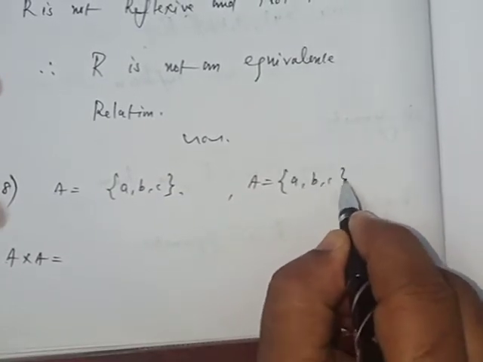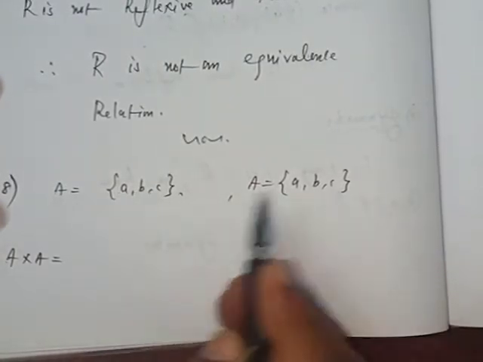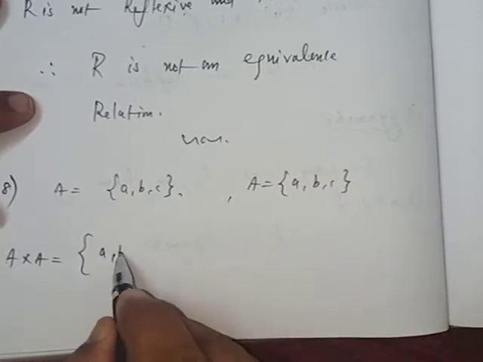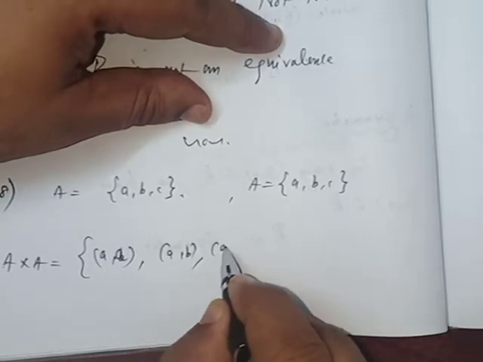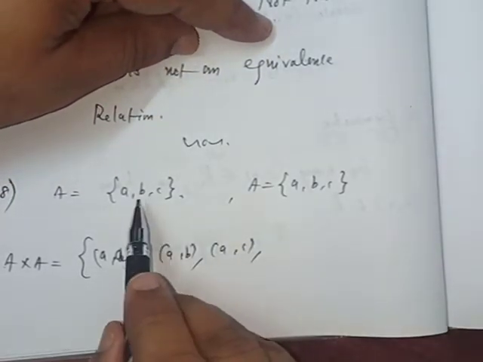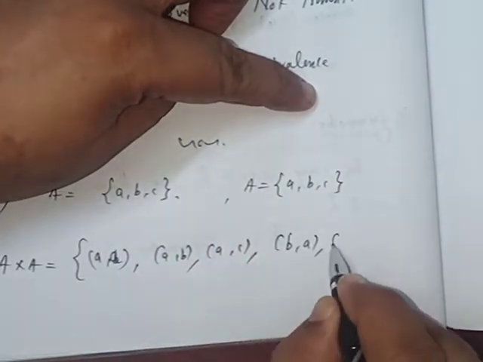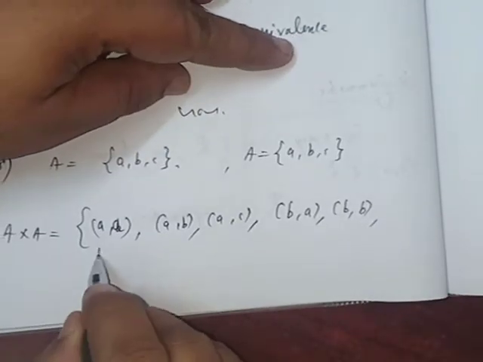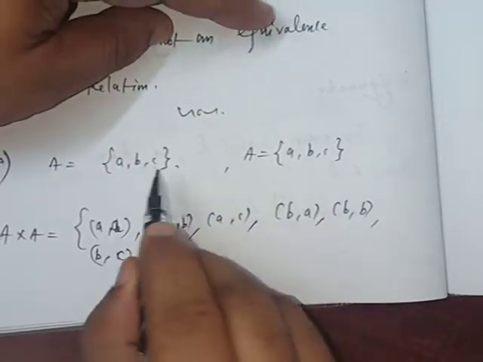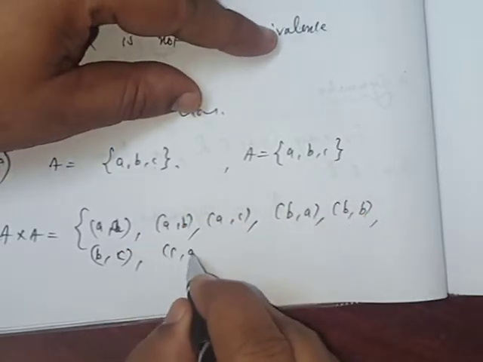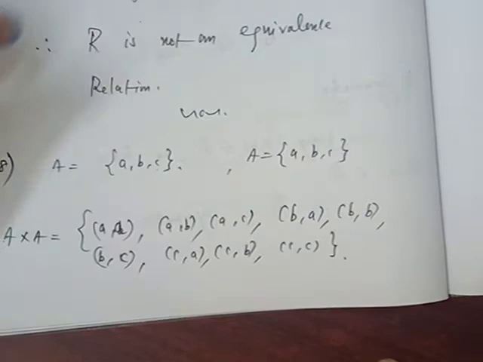A, B, C. A cross A is (A, A), (A, B), (A, C), then (B, A), (B, B), (B, C), then (C, A), (C, B), (C, C).